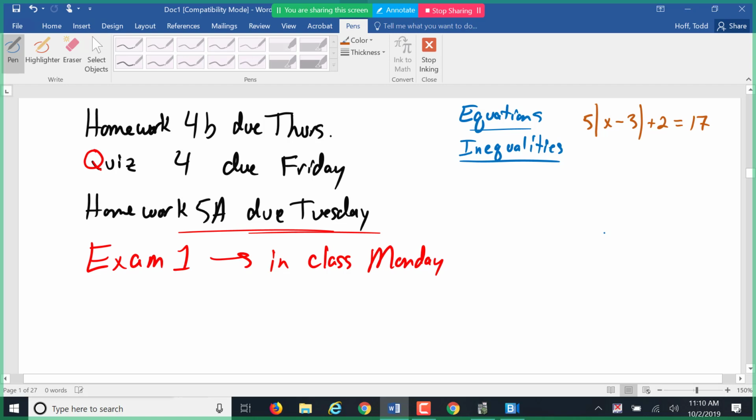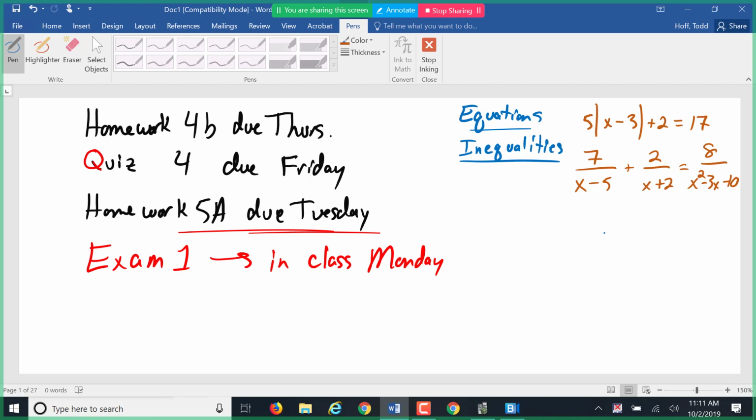We can have rational equations and rational inequalities. So there's a rational equation we could solve.